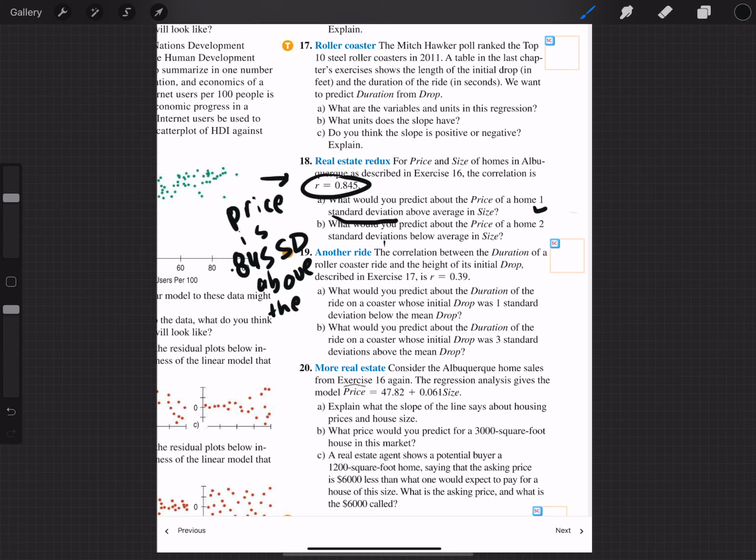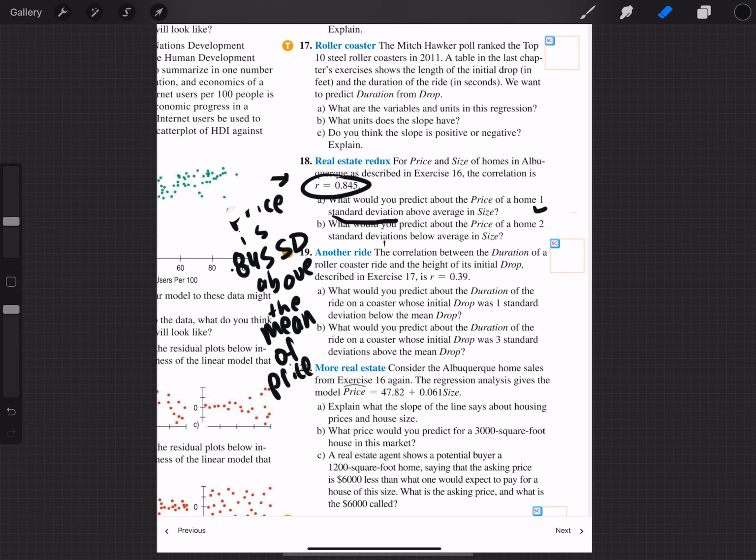What would you predict about the price of a home above the average price? So yeah, I would say price is above the mean of price, right? Because they would tie closely together. So if size is one standard deviation above, that means price would be one standard deviation above as well. That's what that would mean.